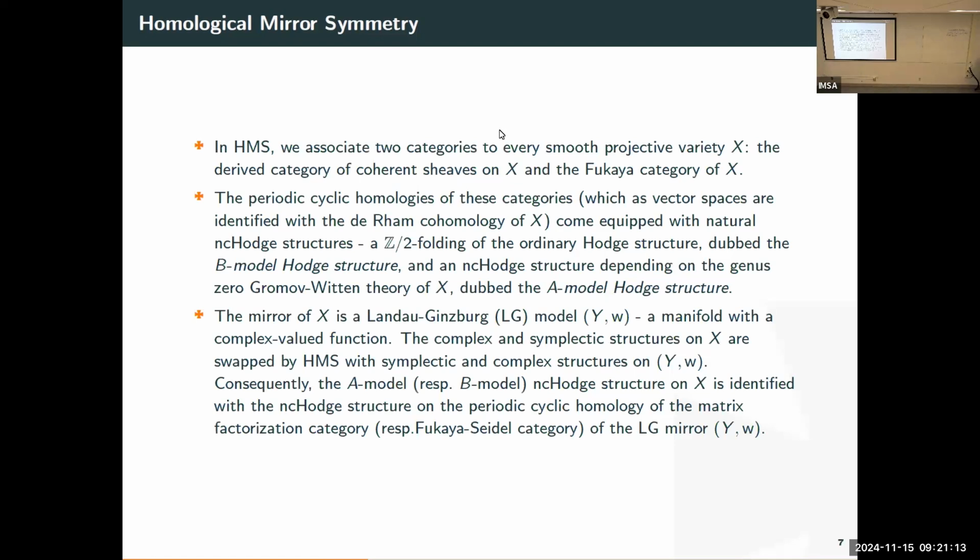Basically we associate two categories to a smooth projective variety. One is the category of coherent sheaves, and then we have a Fukaya category. So that's what we will be doing eventually: associating two categories to the same variety.